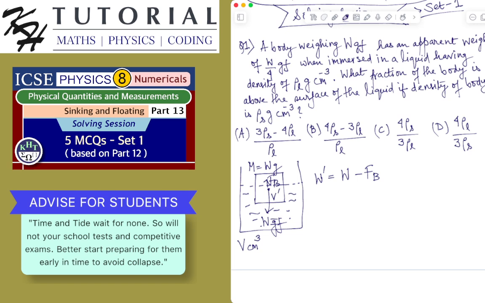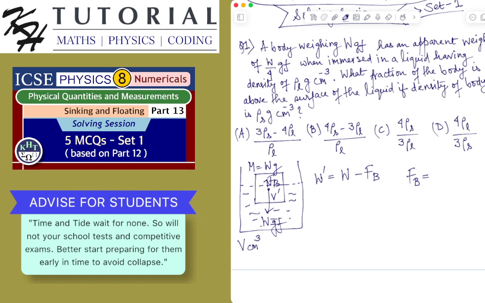So we know that the buoyant force is equal to the weight of the liquid displaced, which depends on the mass of the liquid displaced, and which again depends on V dash. That is, the liquid displaced will have a volume equal to the volume of the immersed part of the body, which we have considered to be V dash centimeter cube.